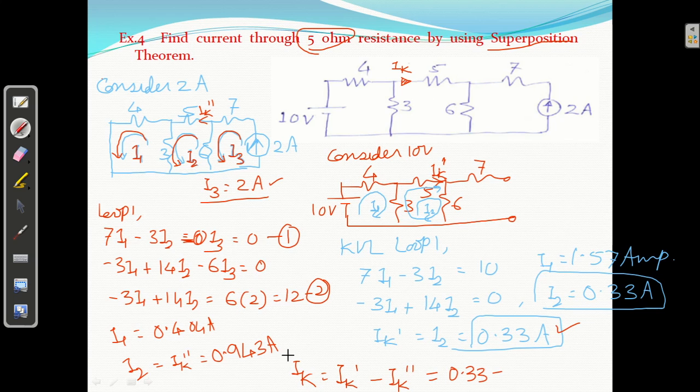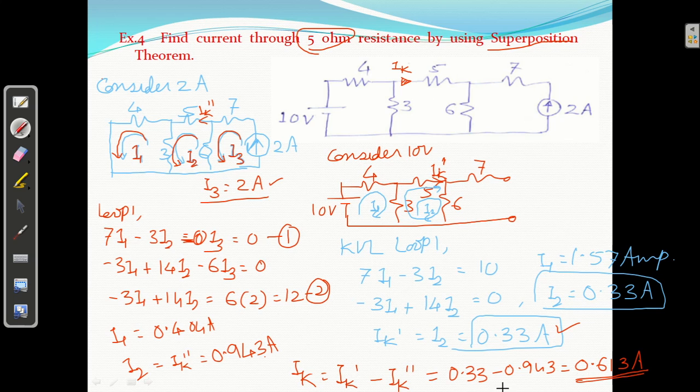IK double dash is 0.943. So 0.33 minus 0.943, I am getting minus 0.613 ampere.